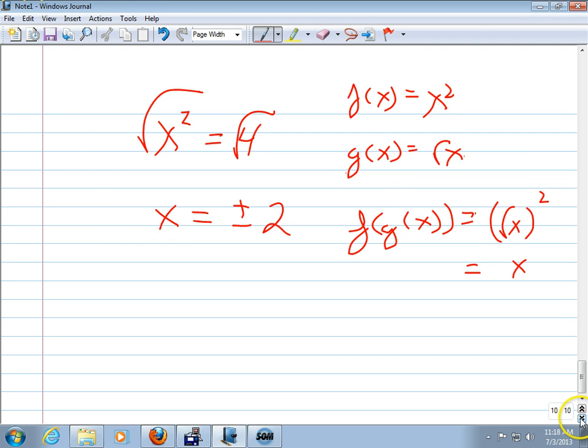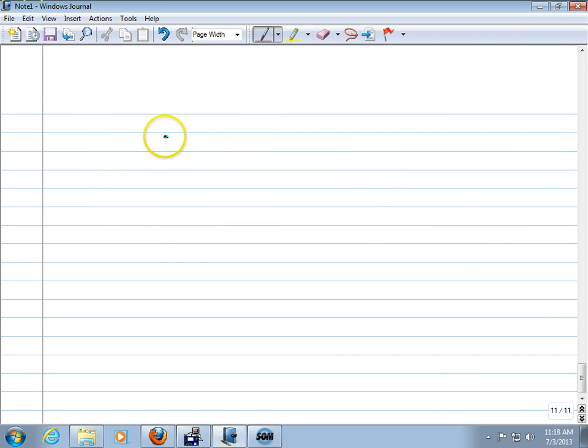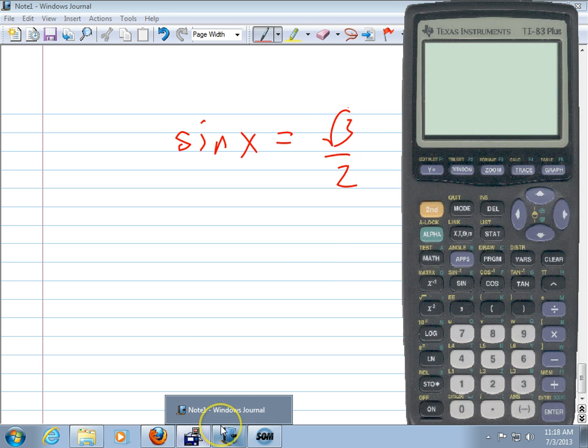How about this? What if the sine of x is rad 3 over 2? How do you get x? Well, on the calculator, the 83 or 84, you've used it before, right? Isn't there a key in here that cancels sine? Second sine.